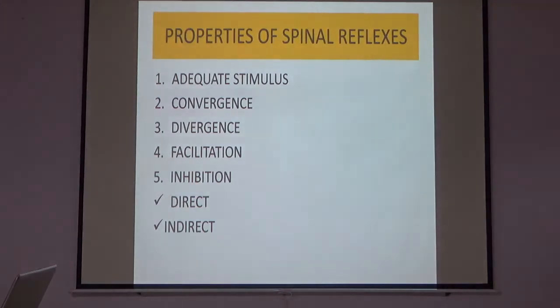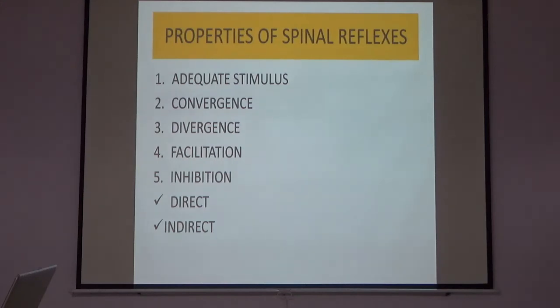Then we come to the last topic of today's talk, the properties of spinal reflexes. Most of the properties named you are very familiar with from when we talked about receptors and reflexes in the past. The first property is adequate stimulus. You are well aware that the quality of stimulus that evokes a reflex response is called an adequate stimulus.